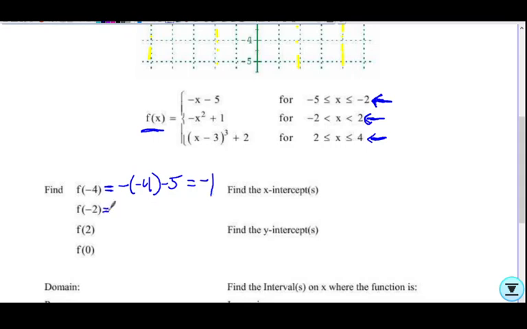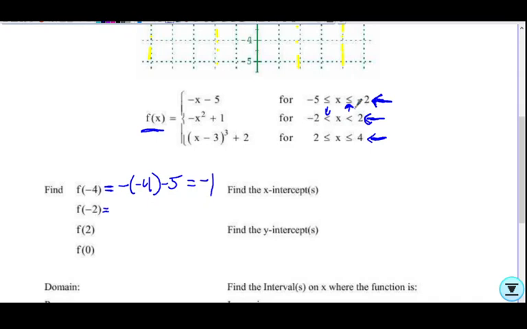So which part am I going to plug -2 into? The linear, the quadratic, or the cubic? This one's a little trickier because -2 is in both of these, right? But look, the quadratic is only when x is greater than -2. It's the linear function when it's equal to -2.